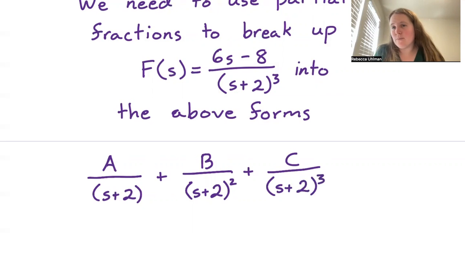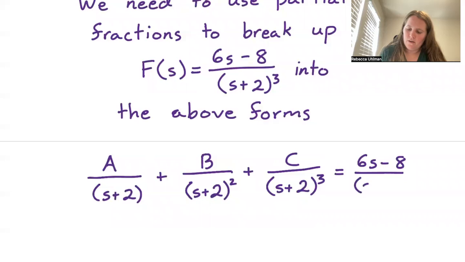Usually if we have a quadratic or a cubic in the denominator, then our numerator would need to be the generic polynomial of one lower degree. But in the case where we have a repeated root, as we take our consecutive powers, we can continue to just have constants in the numerator. Then we will have 6s minus 8 up top over s plus 2 cubed.